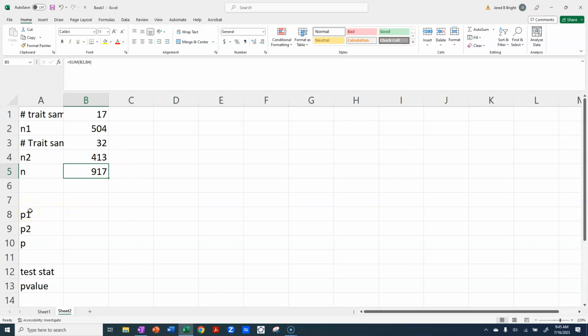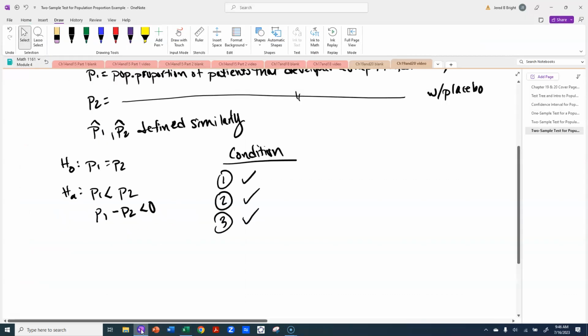From here, we're ready to go forward with the calculation of the test statistic. I'm just jotting down numbers. I should actually relabel this as P1 hat and P2 hat, because in the test statistic you may need to refer to this again.